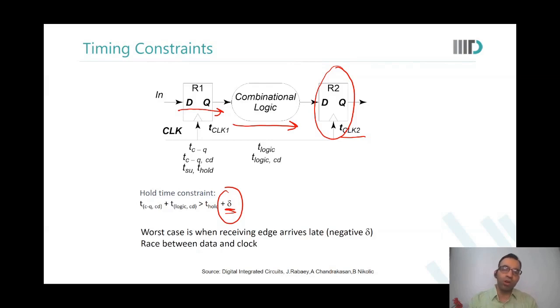For how long? T hold long. So the minimum delay that I get from, let us say, the IN pin to, let us say, this point has to be greater than T hold. Is this part clear?